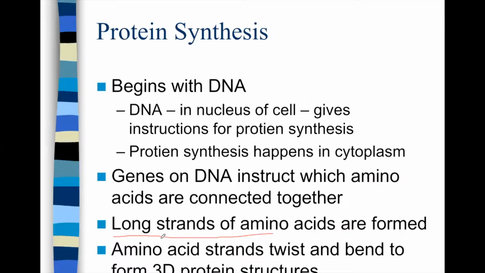And then those amino acid strands can twist and fold and bend and form additional bonds between the amino acids, besides peptide bonds, to obtain a protein structure. So DNA ultimately determines what protein shape we have.